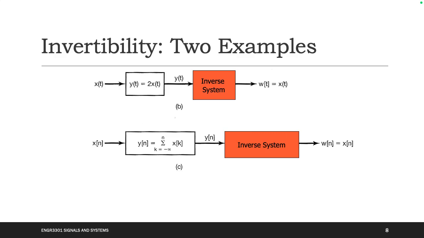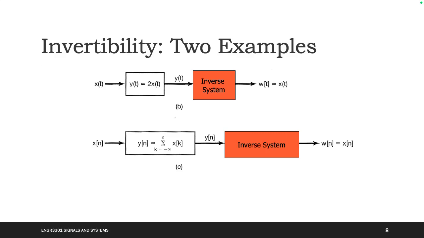For example, this is the input, and then you get this one, and this is y[n]. And after the inverse system, how can you get x? Let me see.